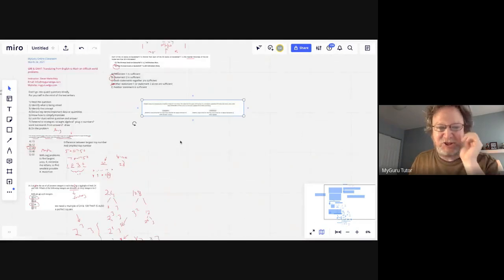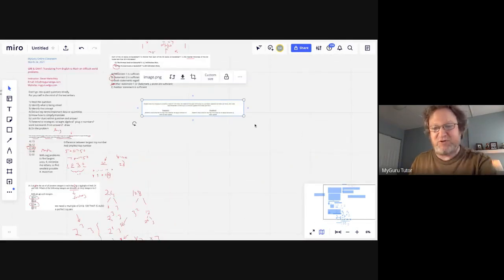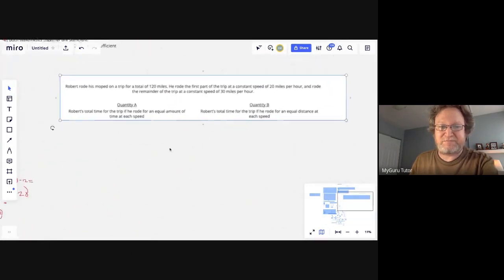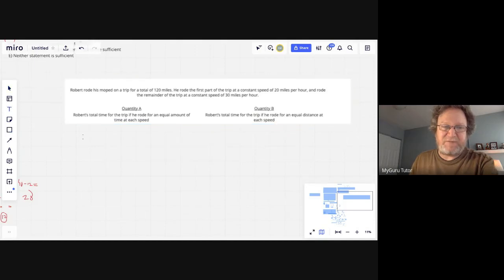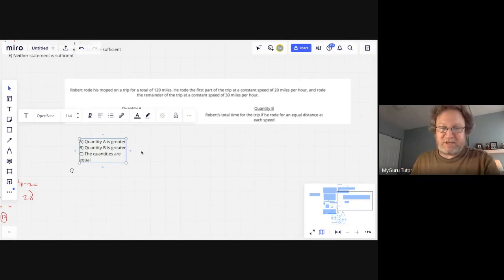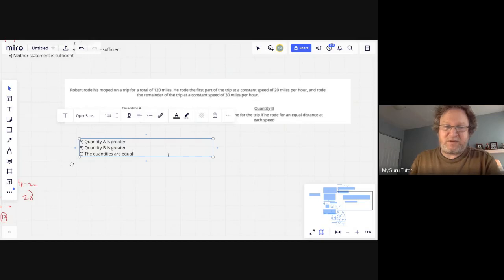This is a GRE quantitative comparison type. So essentially what you're doing, let's write those out. For these in the GRE, A would be quantity A is greater, B, quantity B is greater, C, the quantities are equal, and D is cannot be determined from information provided.